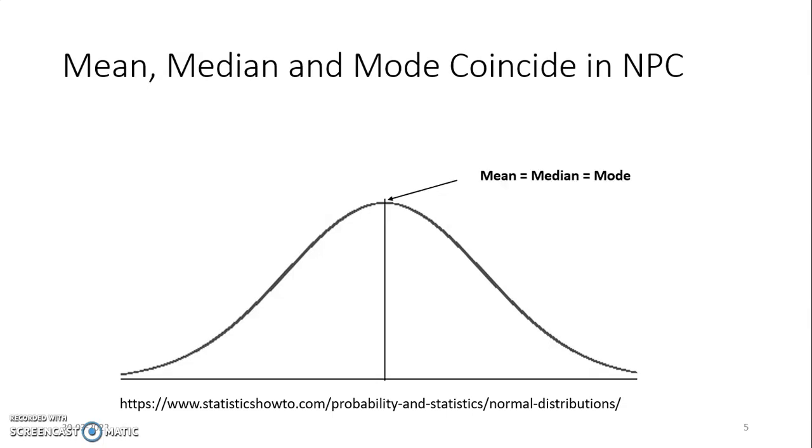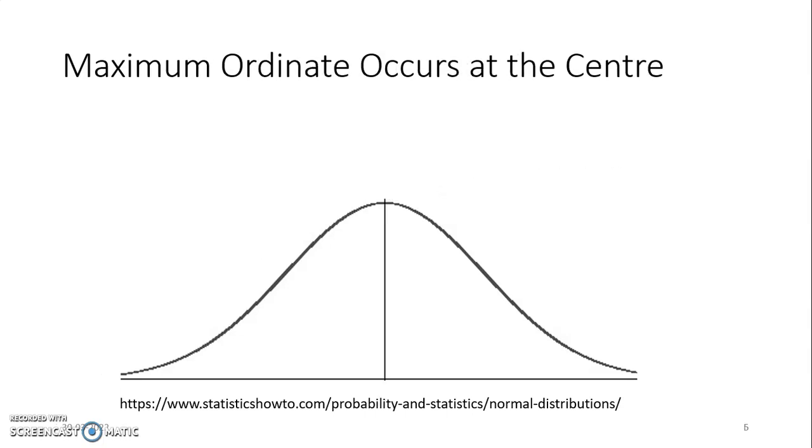Next, we are going to see mean, median, mode coincide. The mean, median and mode of the normal curve, at the point the arrow mark shows, mean equals median equals mode, lie at 0, the center. Next one is maximum ordinate occurs at the center.